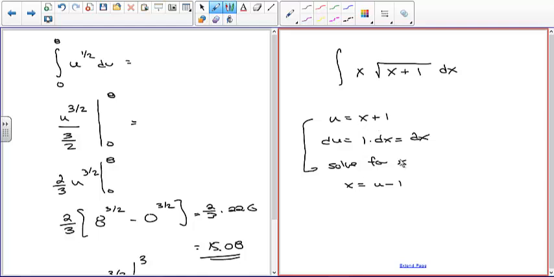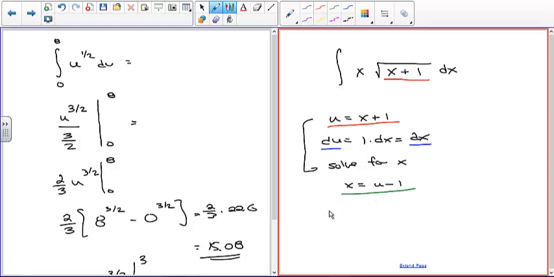And now you can see I have 3 substitutions. For u, I can make that substitution. Or for x plus 1, I can use that substitution. For dx, I can make that substitution. And for x, which is this thing that I didn't know what to do with, I can use this substitution.